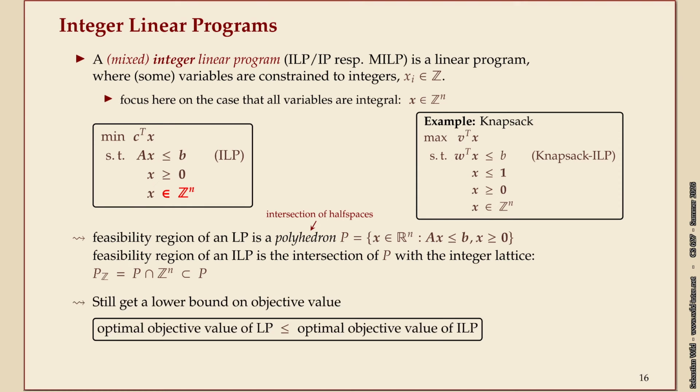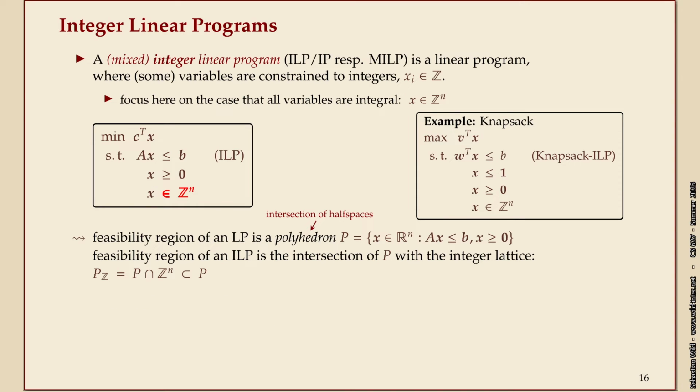At this point, maybe I should have put this on the slide as well, even though we've covered it before. Clearly, solving integer linear programs in general is NP hard. We didn't do the proof in the lecture, but the 0-1 integer programming problem was listed as one of Karp's original NP complete problems.